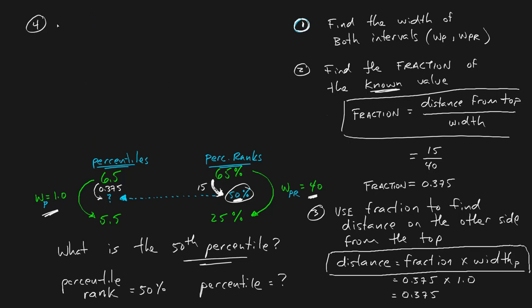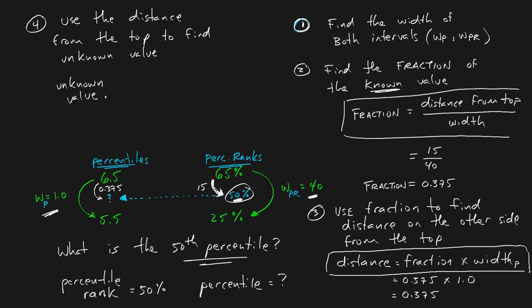All right, so my fourth step is to use the distance that I just found from the top of the interval to find the unknown value. So I have 6.5, so my unknown value is equal to 6.5 minus the distance from the top, 0.375.